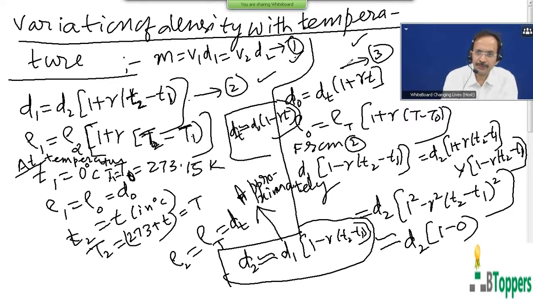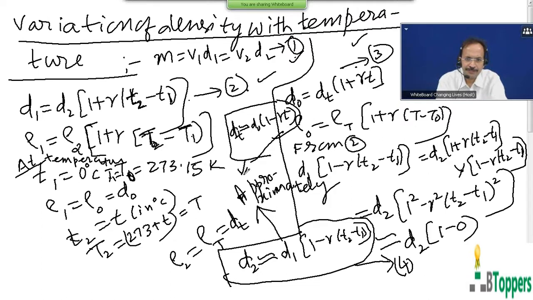So equations 1, 2, 3 are exactly correct, provided the value of gamma is given to be constant for a given range of temperatures. Whereas equations 4 and 5, the 4 is D2 equal to D1 into 1 minus gamma into T2 minus T1, and 5 is DT equal to D0 into 1 minus gamma T, are approximately correct.